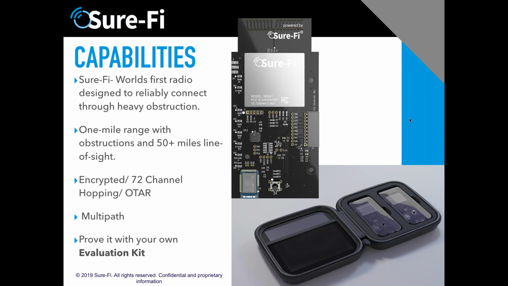So this is going to be a great solution for you indoors, so you don't have to even run power wire to the door. You just connect the wire that's already there to the exit sign or the always-on light, wire up the SureFi, wire up the card reader or door strike, and you're ready to go. So hopefully that answers your question.